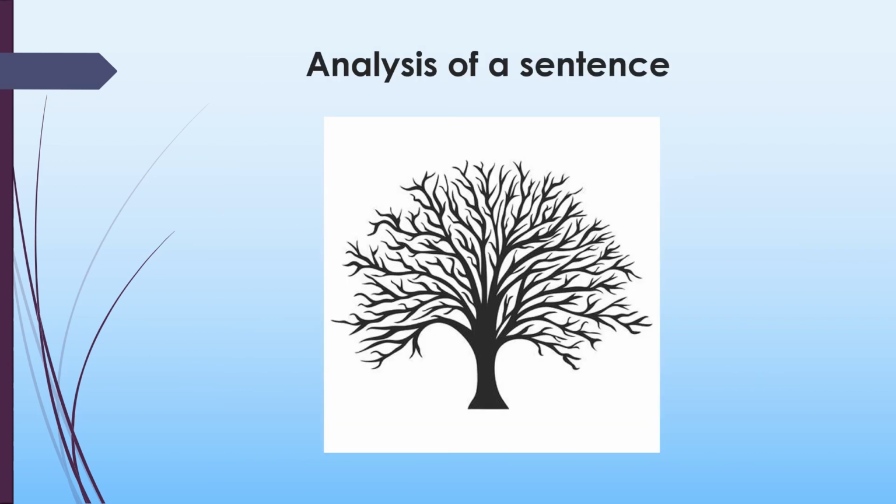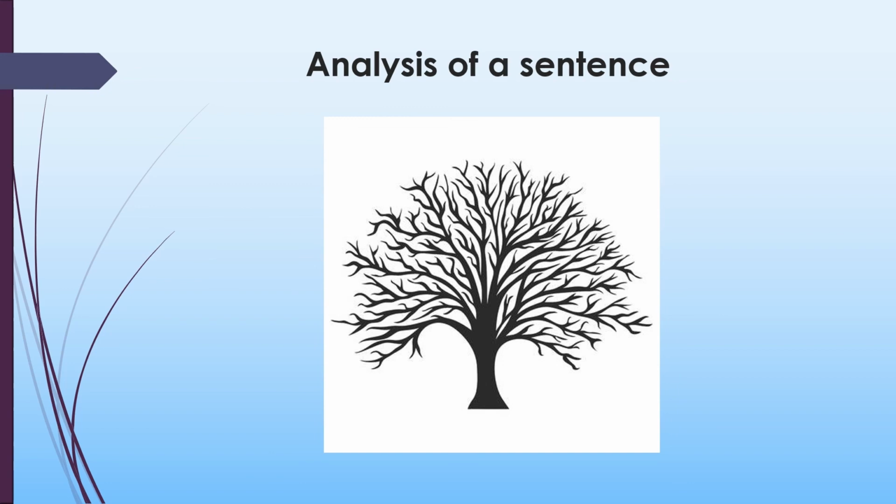Okay. In order to understand that, we need to analyze the sentence. But what is the role of this one? One dead tree? We cannot say it is a dead tree, but it is a very good art of a tree with no leaves, only the branches.